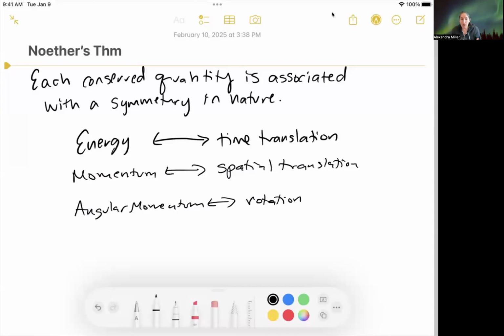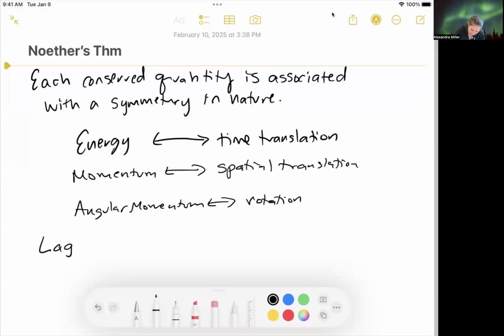And this list can go on, but these are sort of the most familiar examples. And so we want to see, well, we won't actually see how this works in an example, but how is this going to play out in our Lagrangian mechanics formulation of classical mechanics?